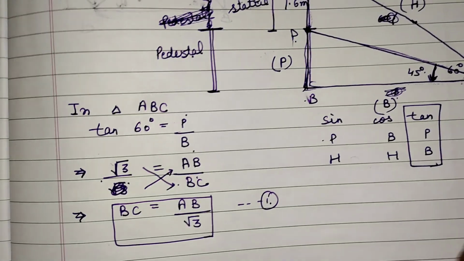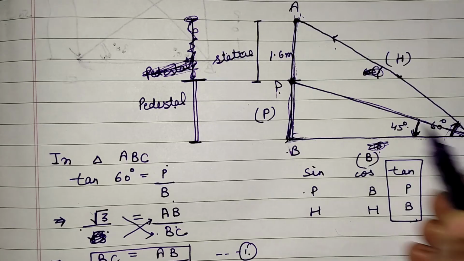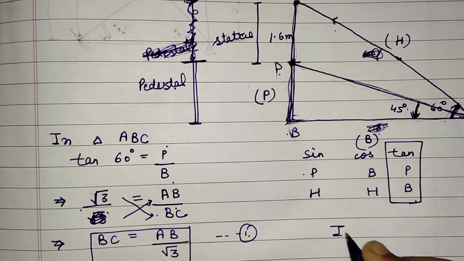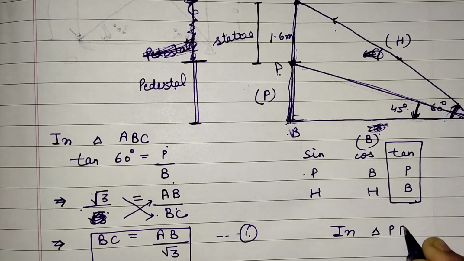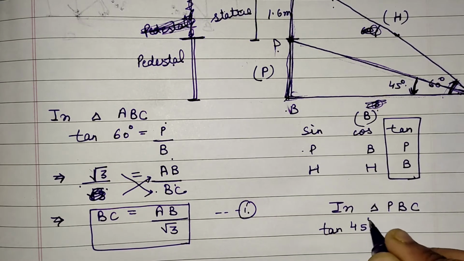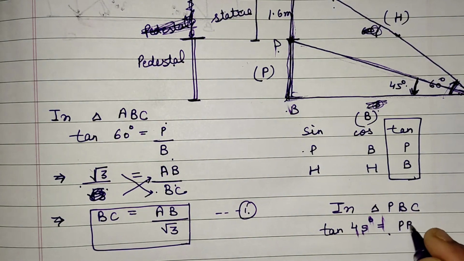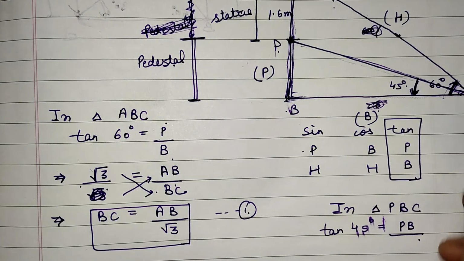Now if I use the other triangle, which is triangle PBC, then tan 45 degrees is equal to perpendicular by base. Perpendicular is PB and base is BC.